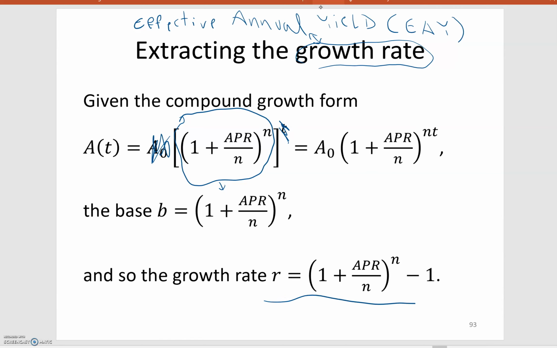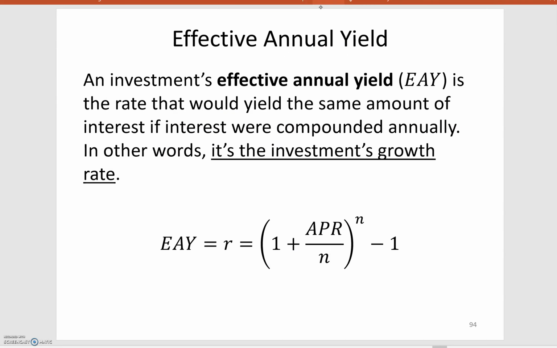So this formula right here is your EAY formula. And I think I have that on the next slide. Yes, there it is. Okay, so here's the formula down here, and it's the same one that we were just looking at. But what does this mean? Why do we call this the effective annual yield?